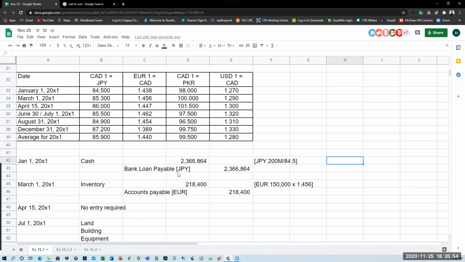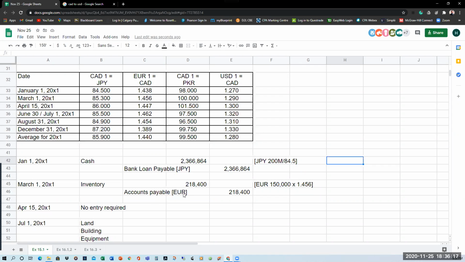Notice that in order for us to remember that these are balances that are actually denominated in a foreign currency, I just put within brackets the name of the currency. So this bank loan payable is actually in Japanese yen, right? The accounts payable is actually in euros.